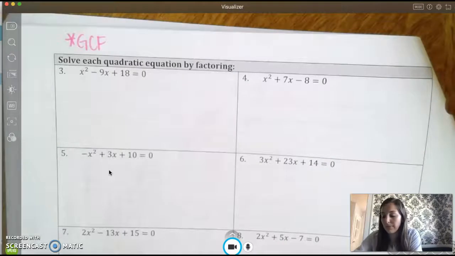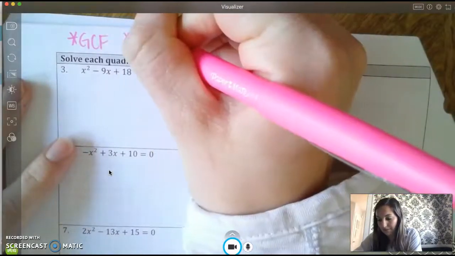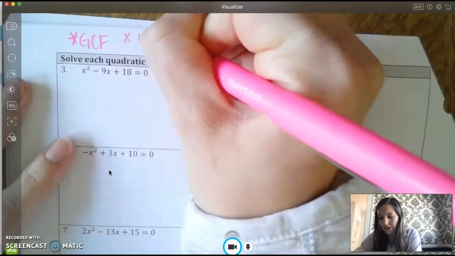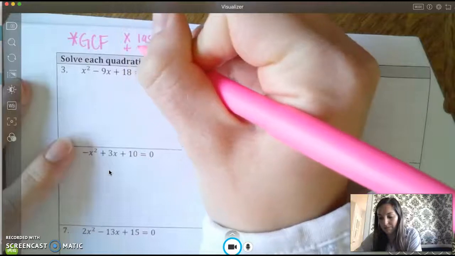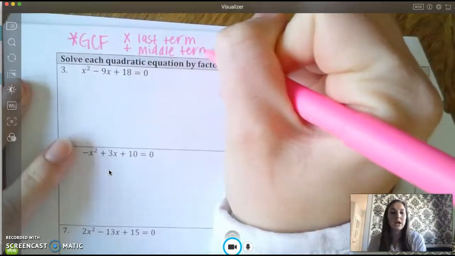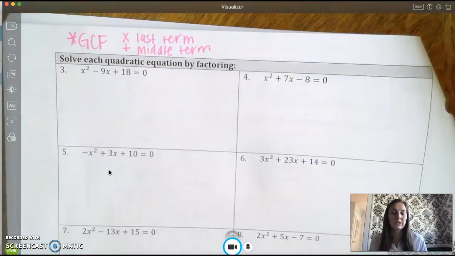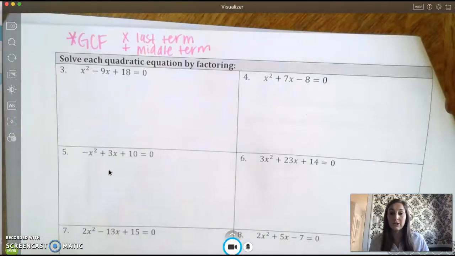Then we're looking for two numbers that multiply to the last term and add to the middle term. So those are our initial steps there. So we're going to factor, and then we're going to set the factors equal to 0, and then we're going to solve for x.